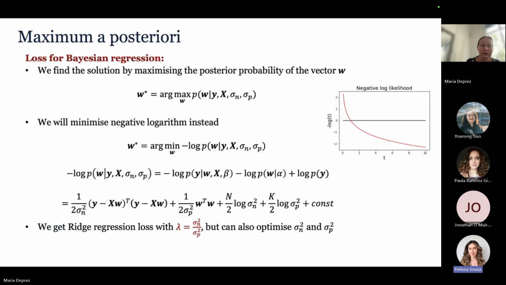All right, and the last bit about linear regression is about the maximum a posteriori. It's the loss that you've already seen something about with Helena. I didn't really show any losses here, but for this Bayesian regression we can make a loss.